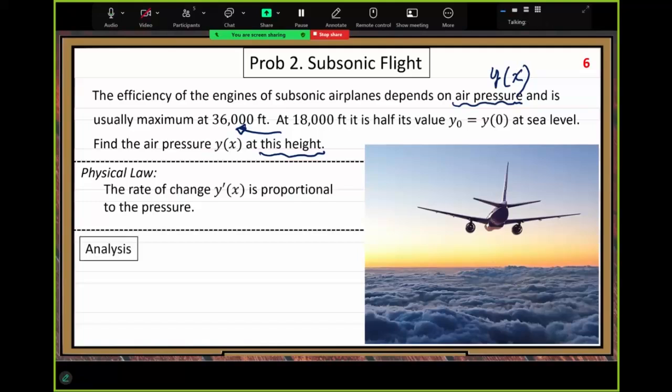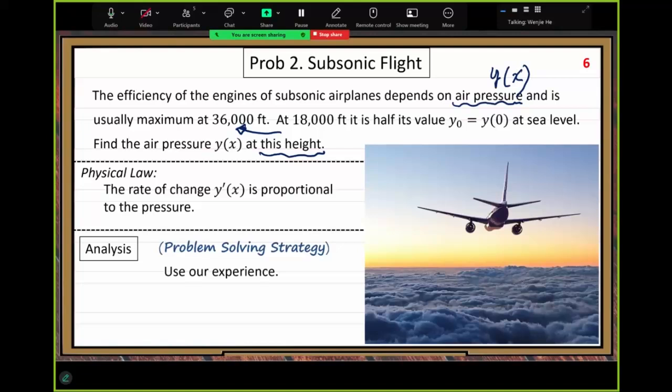Analysis. All right. So here, if we want to go back to the problem-solving strategy, at this point, we need to use our experience. But first, based on the physical law, we can establish the differential equation first. That's directly from the physical law.